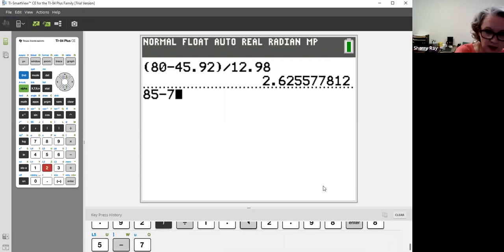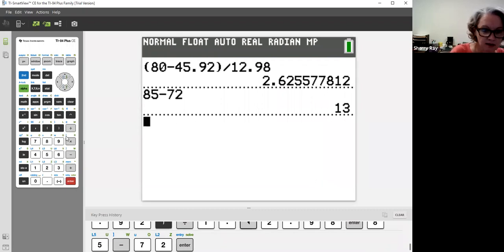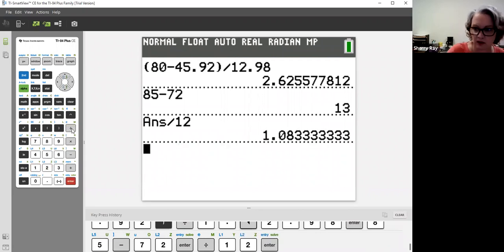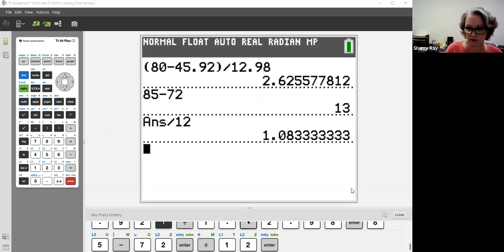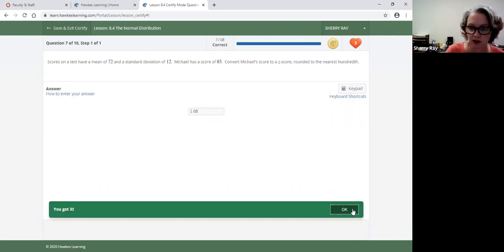Now, if you forget your parentheses, hit enter, get your answer, and then just divide that by 12. It's 1.08, a positive z-score because he's above average.